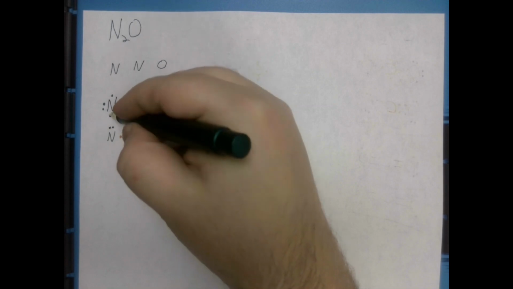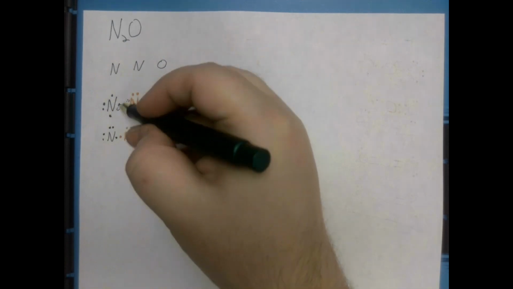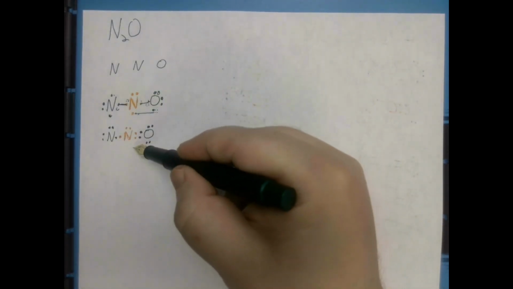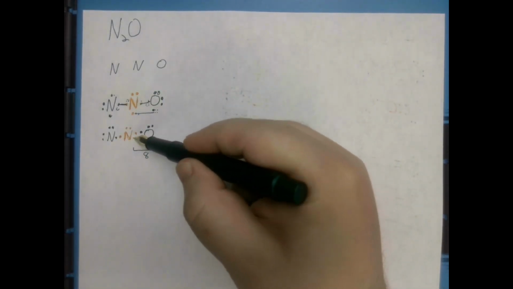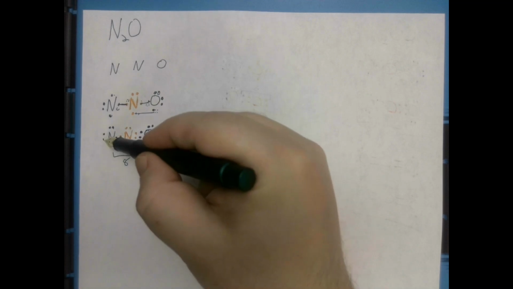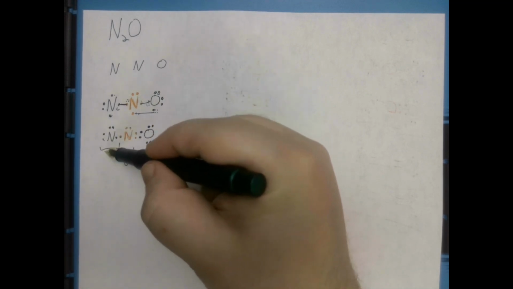I'm going to group them up like that. So I moved this one up to the top right here. And let's count and see what we have. So we have 8 on this one. We have 8 on the middle one. And 1, 2, 3, 4, 5, 6 on this one.